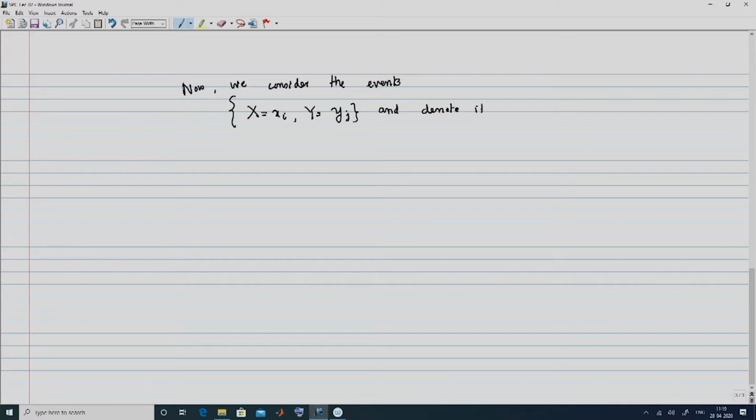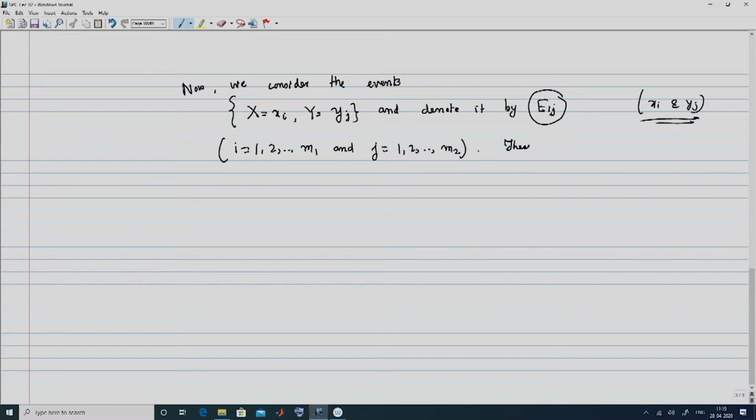We denote it by, say, Eij. So, all combinations of xi and yj, all such events, we will identify by E of ij. As before, i is equal to 1, 2 all the way to m1 and j is going to be equal to 1, 2 all the way to m2.